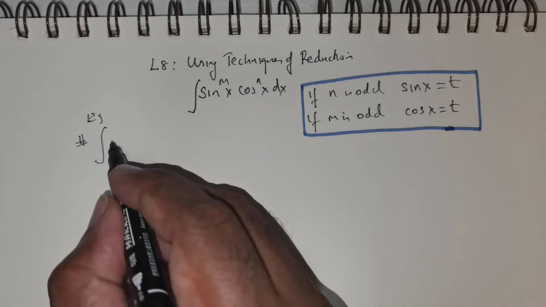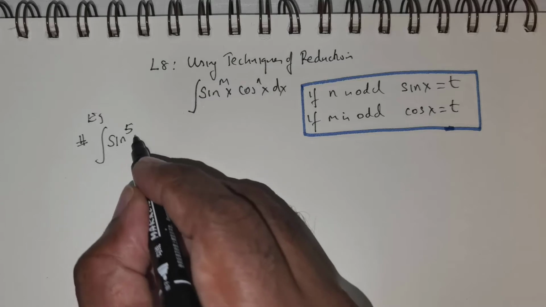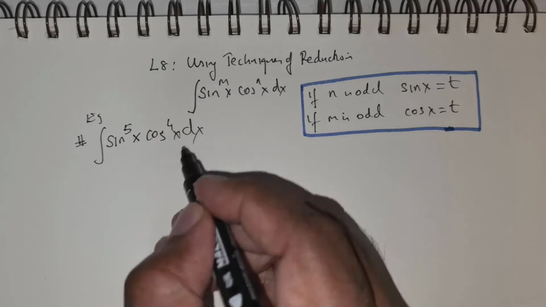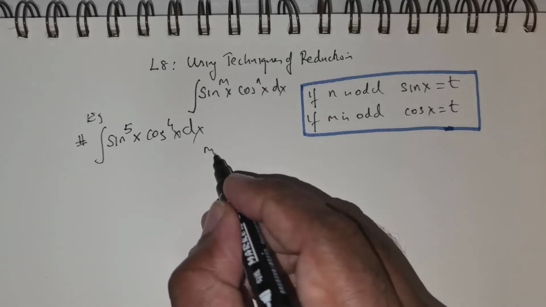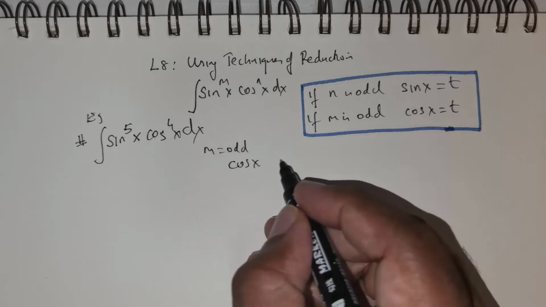We are expected to integrate sine raised to the power of 5x times cos raised to the power of 4x times dx. Now in this case clearly m is odd, so we would take cos x is equal to t.